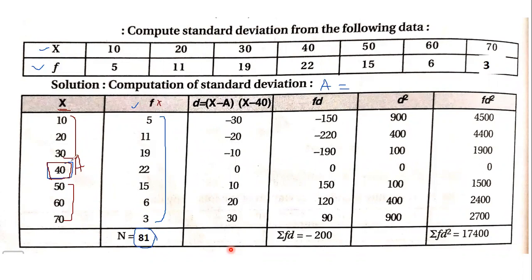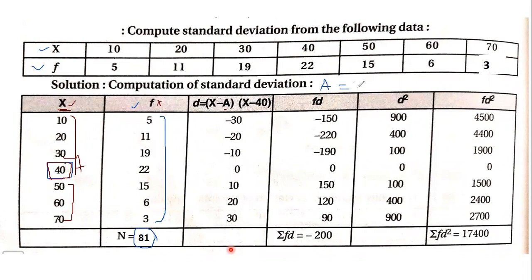Now when we calculate this value, we have to find the deviations. How do we find them? D is equal to x minus assumed mean. The x values are already there.